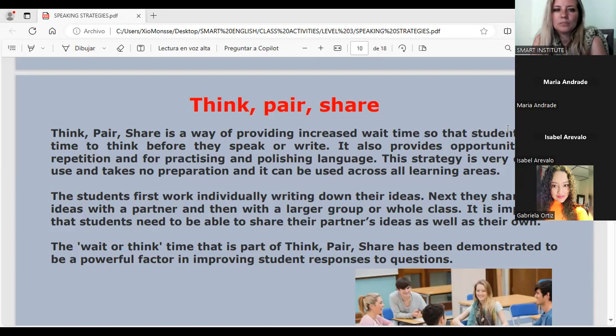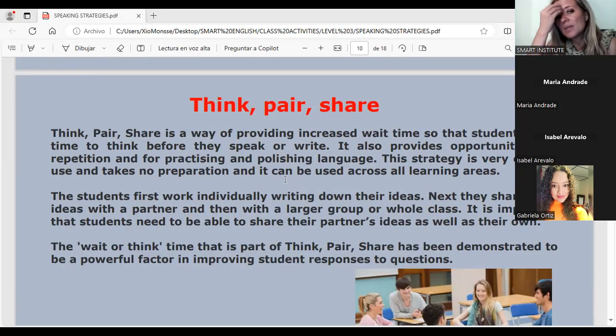The students first work individually writing down their ideas. Next, they share their ideas with a partner and then with a larger group or whole class. It is important that students are able to share their partner's ideas as well as their own. The wait or think time that is part of think, pair, share has been demonstrated to be a powerful factor in improving students' responses to questions.